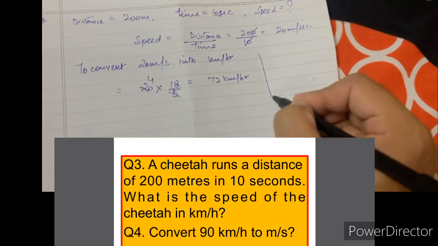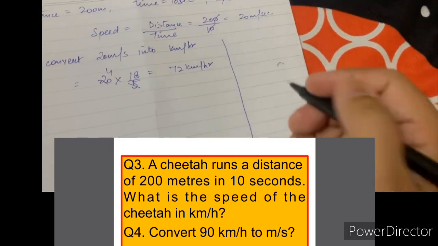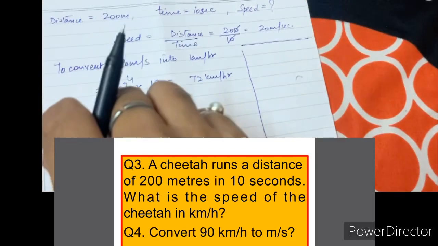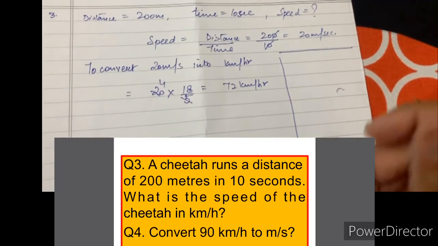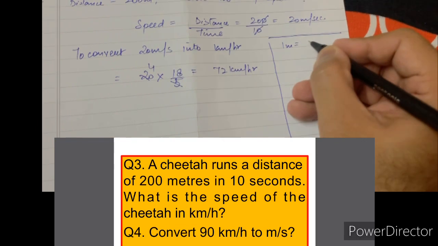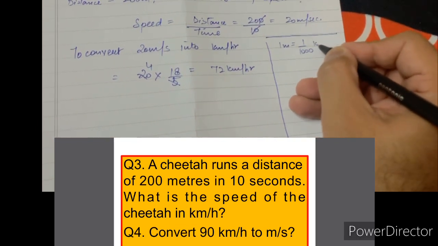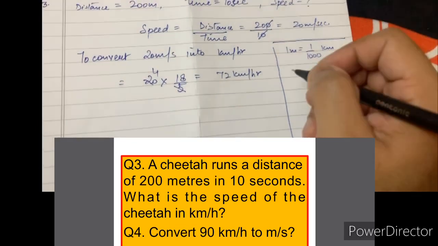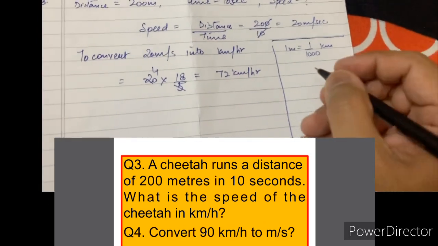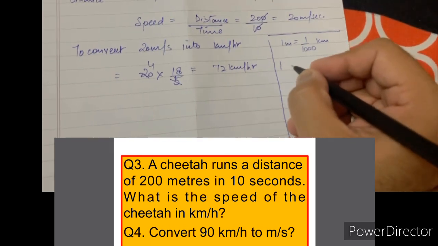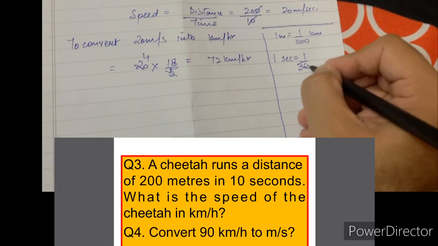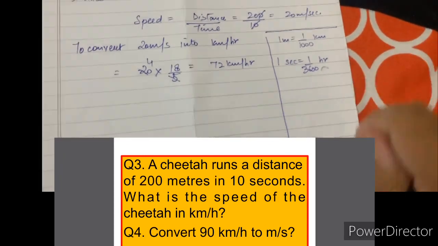As we all know, 1 meter is equal to 1 upon 1000 kilometer, and 1 second is equal to 1 upon 3600 hour.